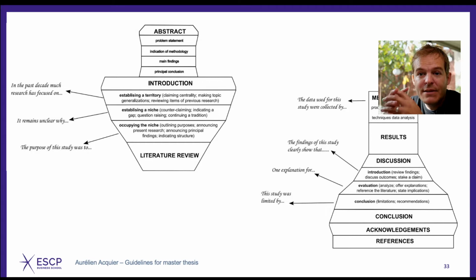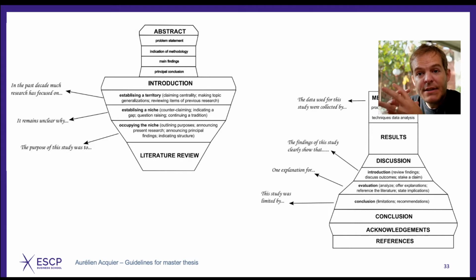Here it's super important that you are transparent, explaining that according to your research question, you tried to find the best way to answer. So the key word in methodology is transparency. You explain how you collected the data, what you did, what you didn't do. Once again, it's not meant to be perfect, but it is meant to be transparent.